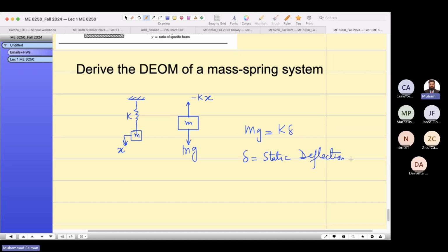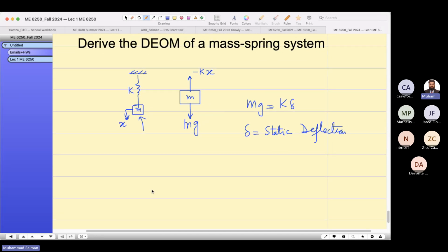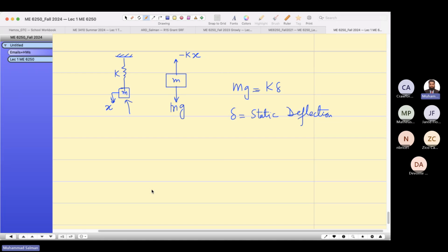When you attach the mass to this spring, the spring stretches by the static deflection delta, and that cancels out the weight effect. So while the mass is oscillating up and down, the weight does not play any role in the displacement or deflection. What plays a role is the instantaneous or net deflection, subtracting this.